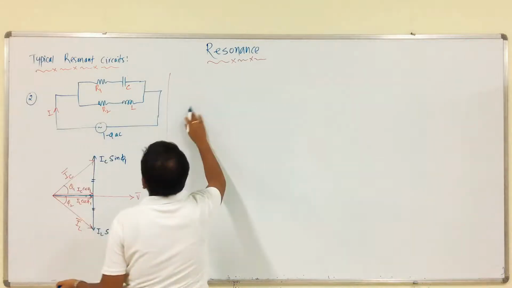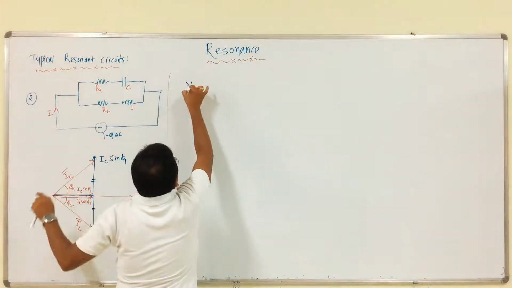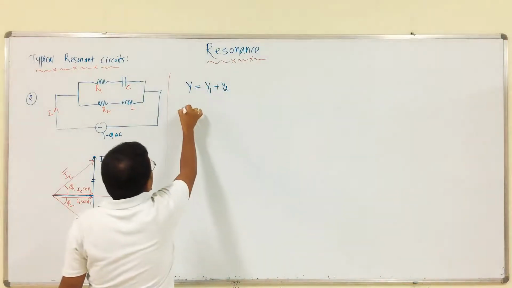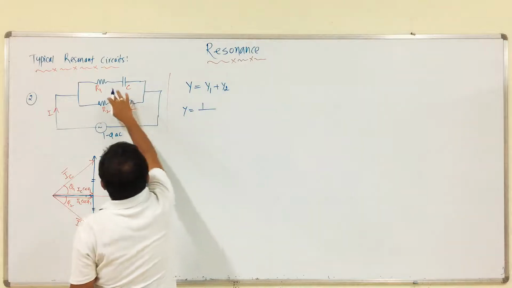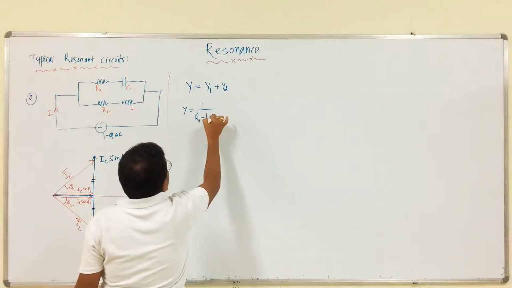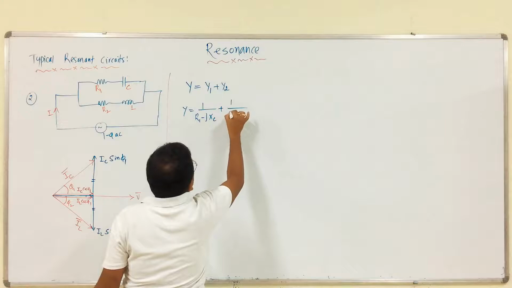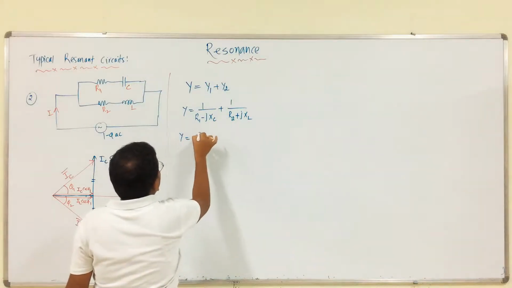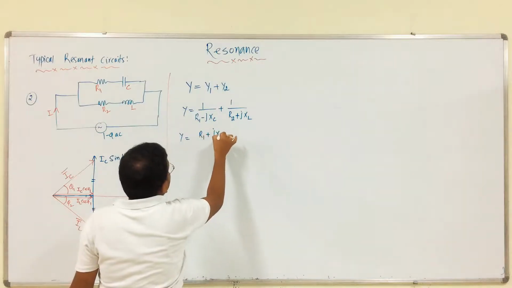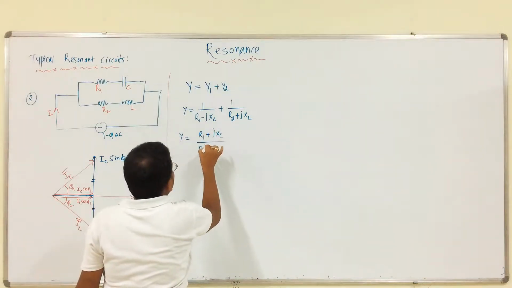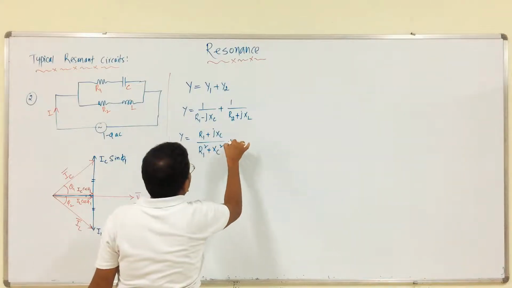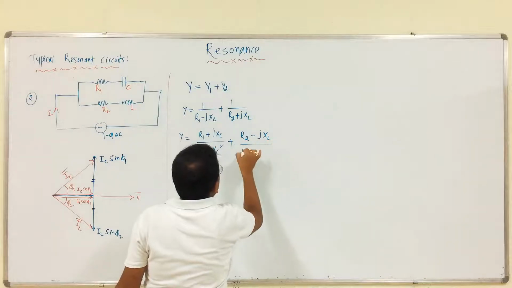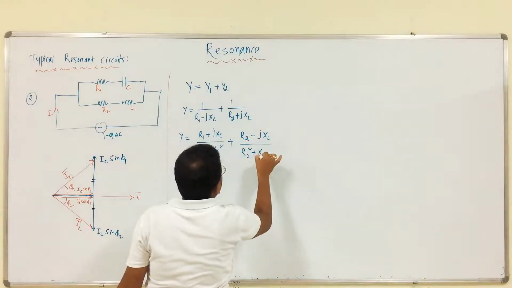First we have to get Y is equal to Y1 plus Y2. Here I am considering the admittance method. So Y is the reciprocal of impedance, that is 1 by (R1 minus jXc) plus 1 by (R2 plus jXl), right. So Y is equal to (R1 plus jXc) by (R1 square plus Xc square), plus here we have (R2 minus jXl) by (R2 square plus Xl square).